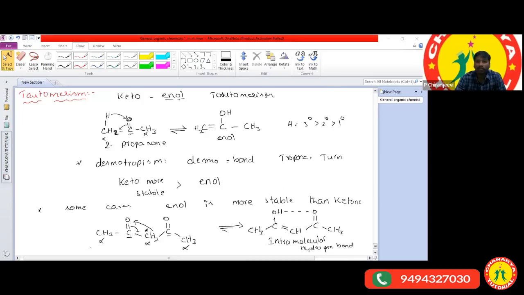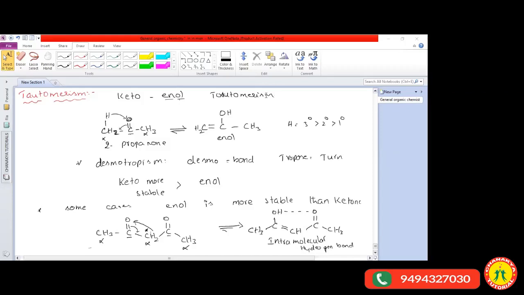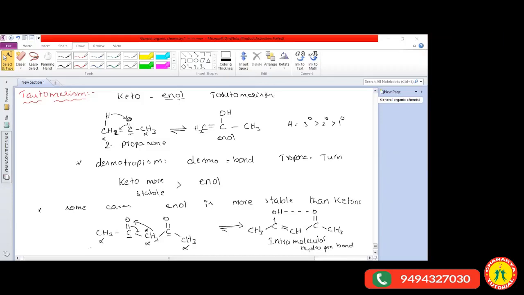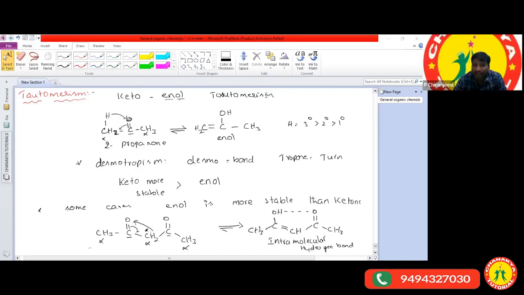Aditi is not responding. What happened to Aditi? Next, Sriveda. Yes, sir. What is meant by the hydrogen bond? Bond between hydrogen and hydrogen. Sriveda, I didn't listen clearly.